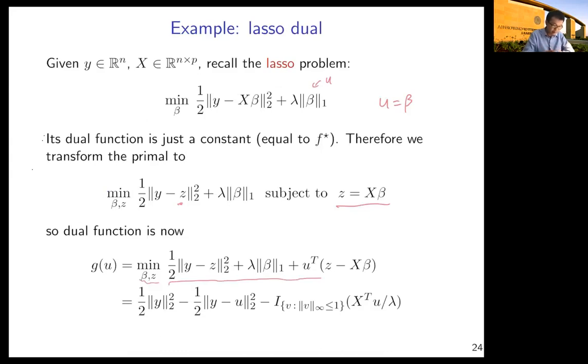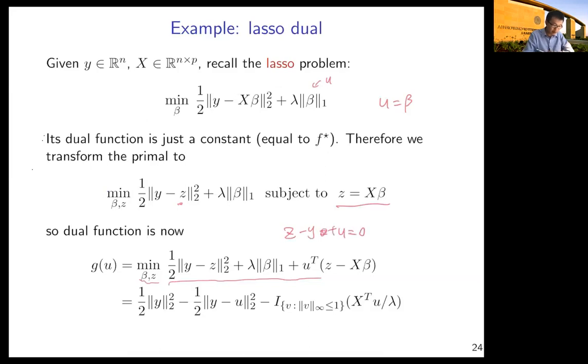Since this is now a problem that's more easily solvable, we can first get rid of the z, since the non-smooth term doesn't really depend on z. So we can work out the gradient corresponding to z, which gives us z minus y plus u equals 0.